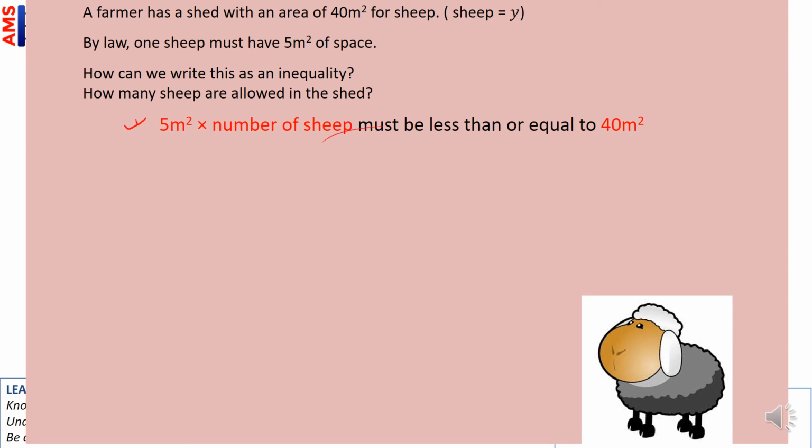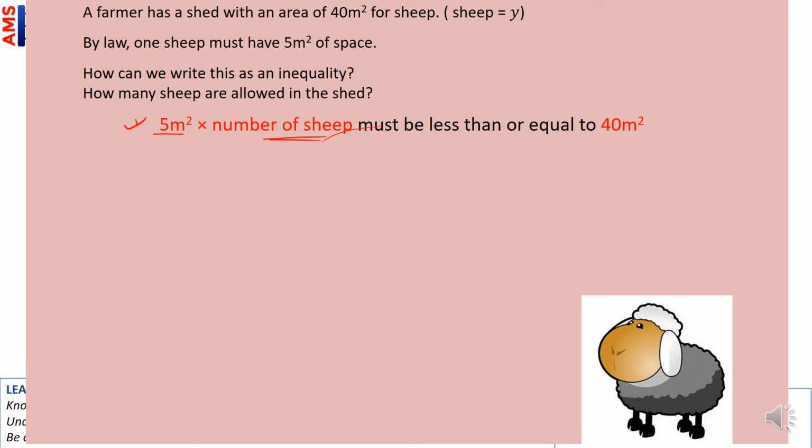Okay, now it says that 5 meters squared for each sheep. So 5 meters squared is the space that we're going to use for y number of sheep. Because we don't know how many sheep, we need to work out how many sheep would be allowed in that shed.